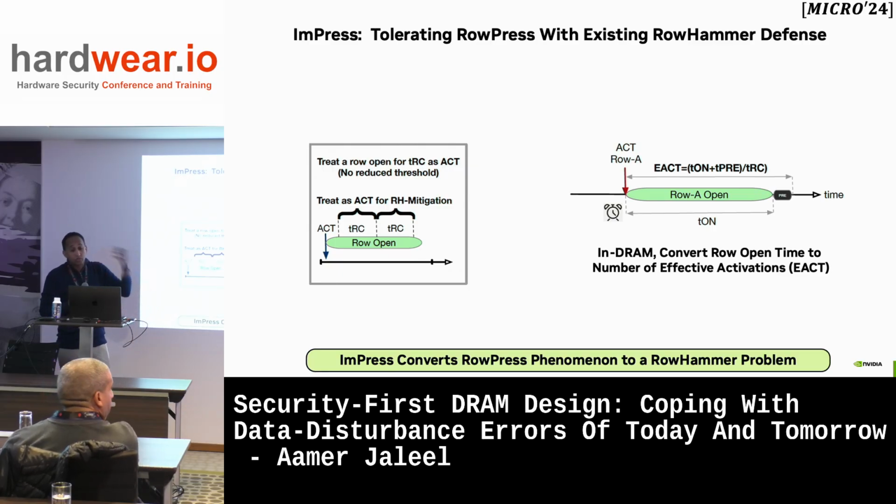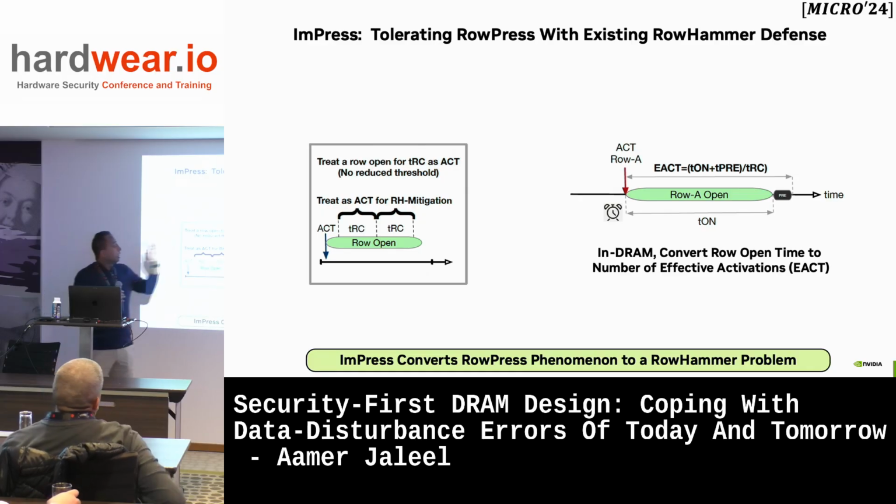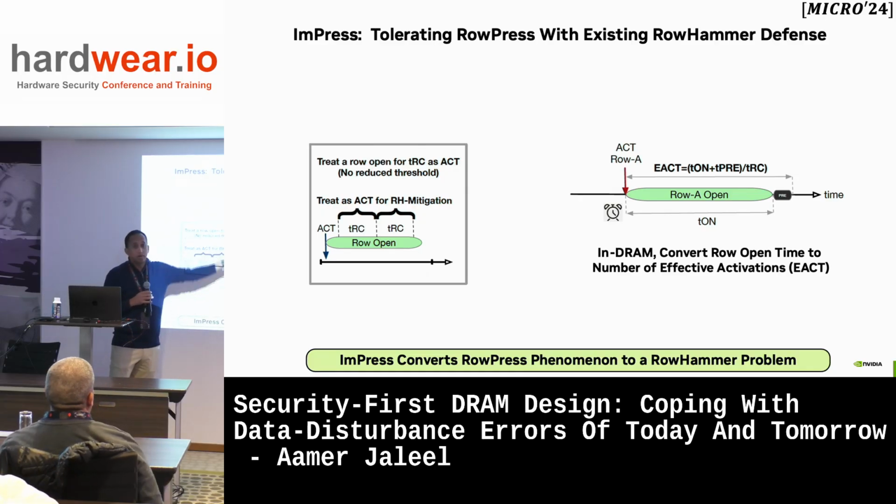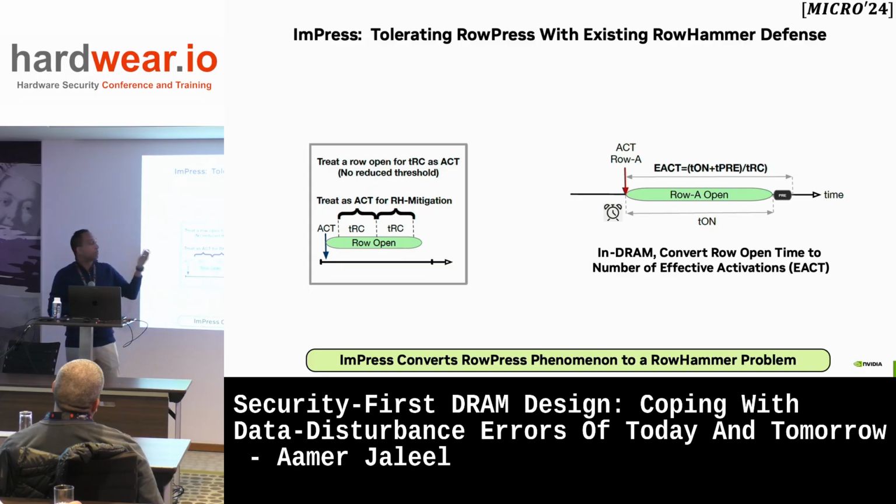The way we can do this directly within DRAM is that when a row is opened, we start a timer. When the row is closed, we stop the timer. We take that time and divide it by tRC, which is the activation time, and that effectively becomes your effective activation count, and use this in a precise manner with existing RowHammer mechanisms.